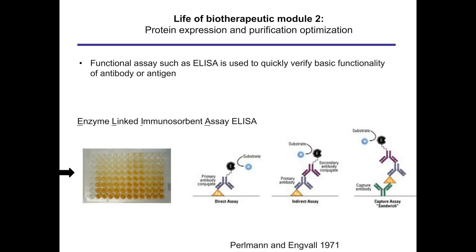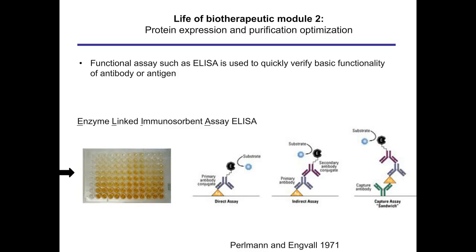And there are different ways to perform this, either directly, where an antigen is bound to a slide and then read out by binding to an antibody that's labeled, or indirectly, where a secondary antibody is labeled and then incubated subsequently with the initial antibody that you're screening. Or alternatively, the sandwich ELISA is performed, in which one antibody is coated on a slide, then an antigen is bound.